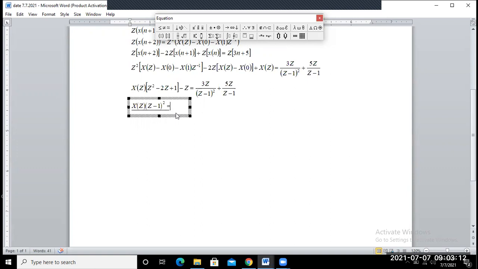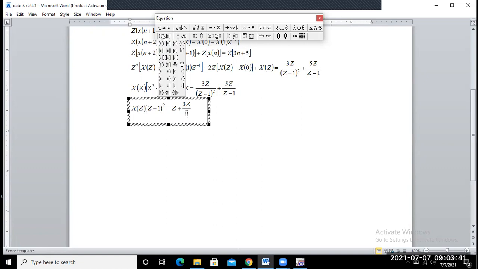So when this z moves towards the right side, then we can just write z plus 3z by z minus 1 whole square. Is it not 3z by z minus 1 whole to the power 2?